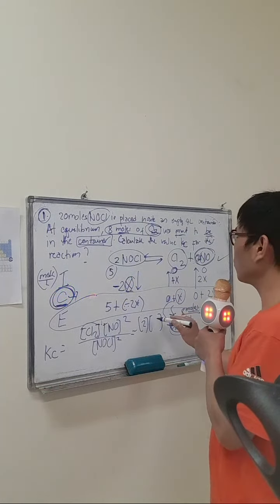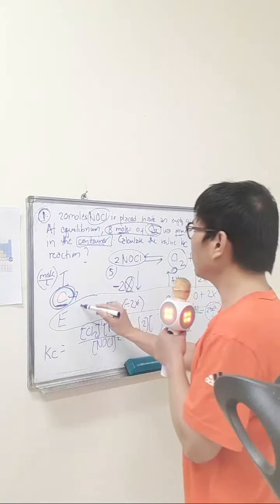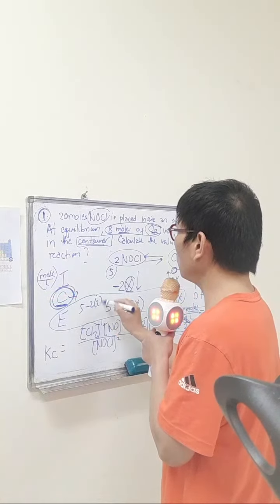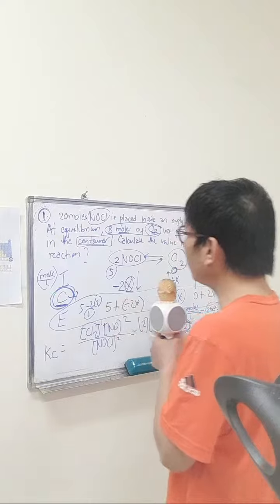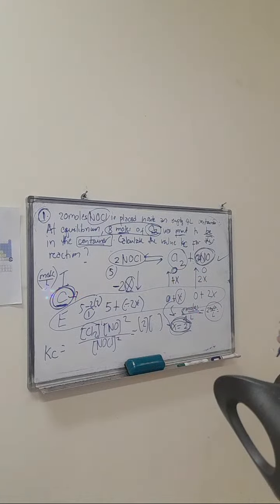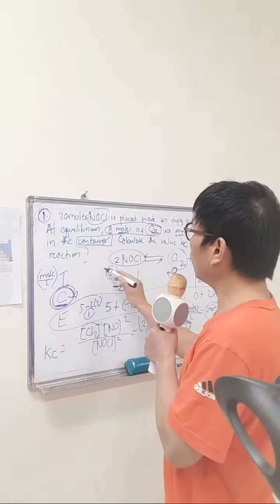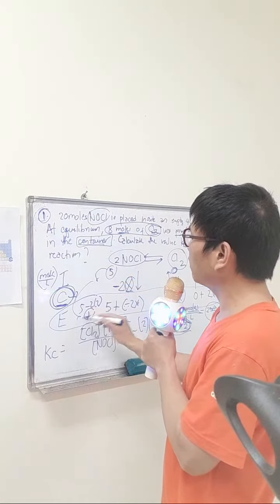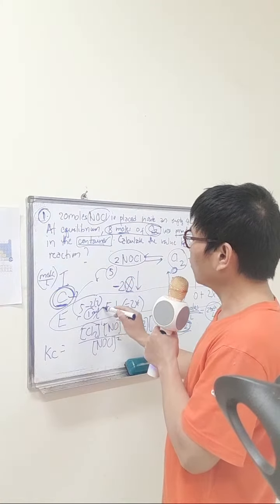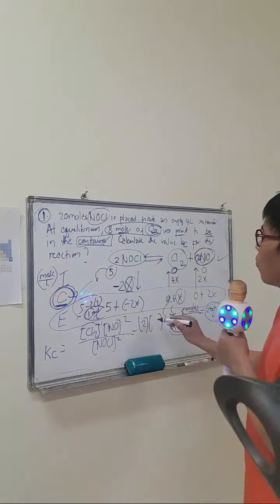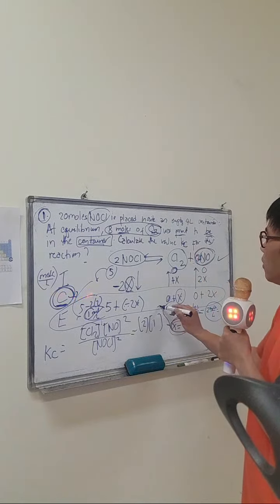So 5 minus 2 times 2 is equal to 1. So meaning to say, if you have an initial concentration of NOCl of 5, at equilibrium it will become only 1 mole per liter. So substitute here, 1 raised to the power 2.